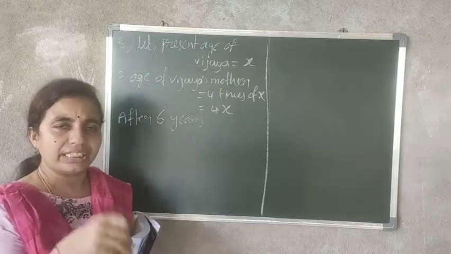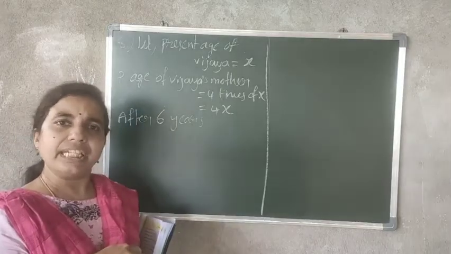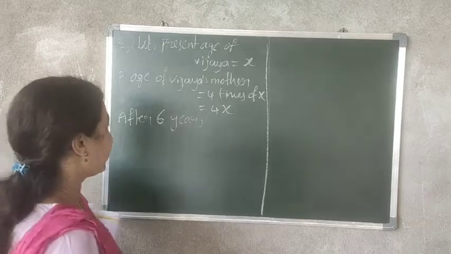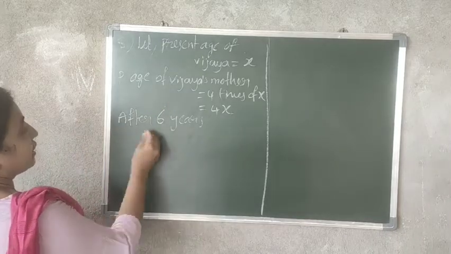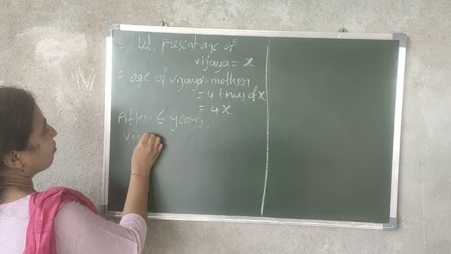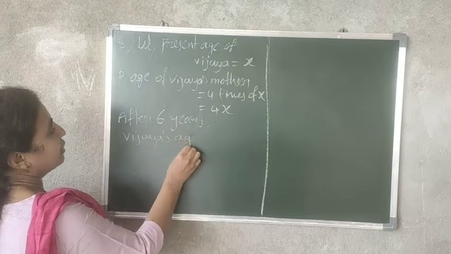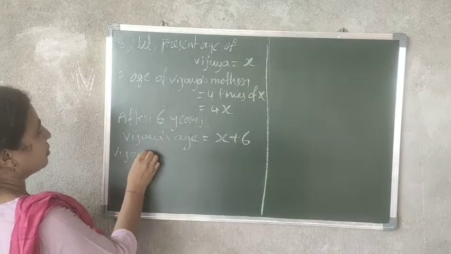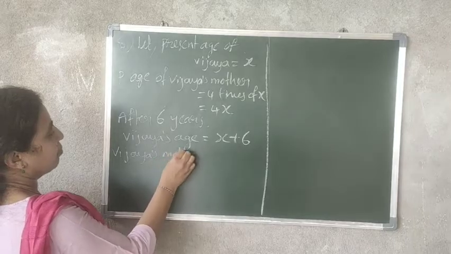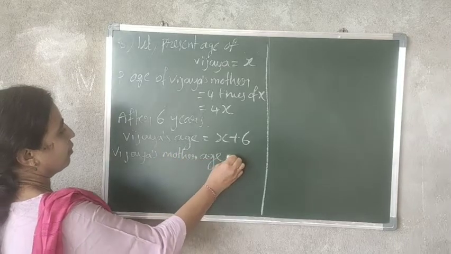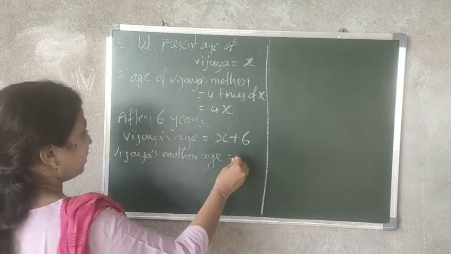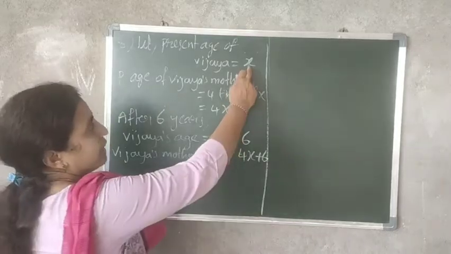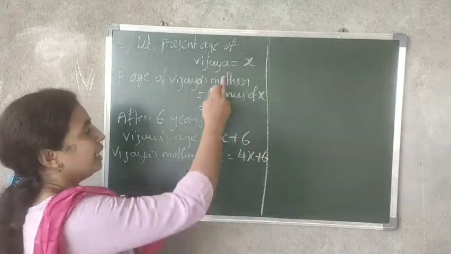Same like that, the present age of Vijaya is X. After 6 years, her age will be X plus 6.